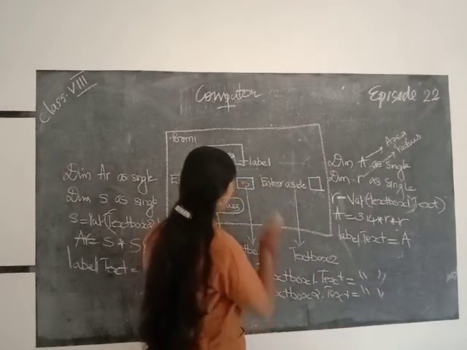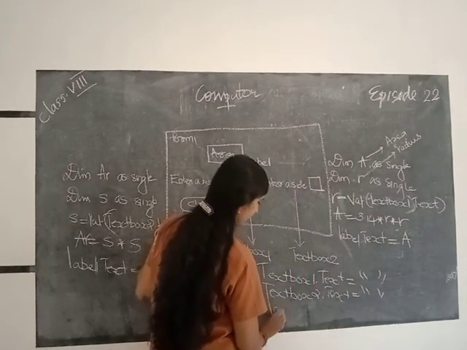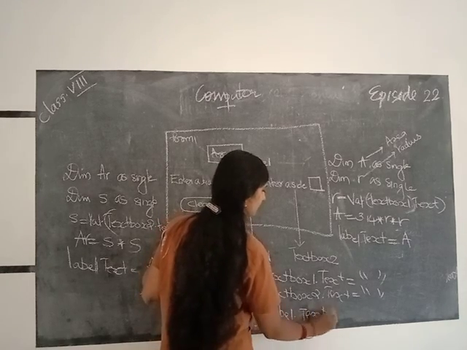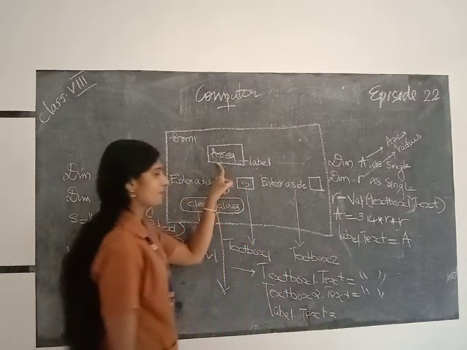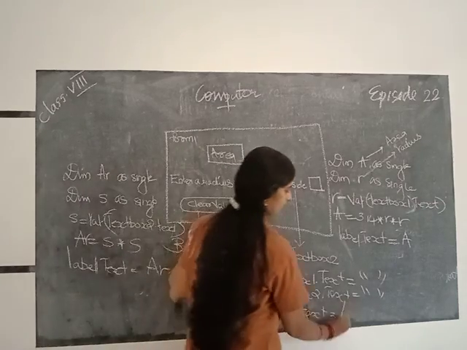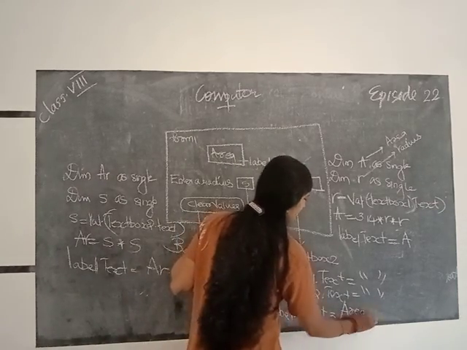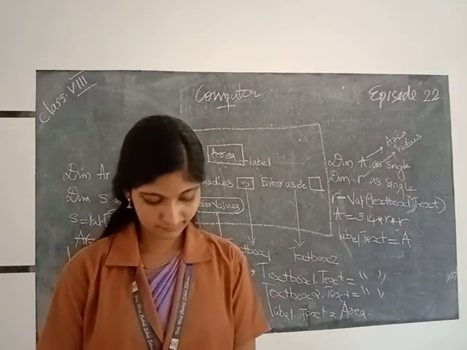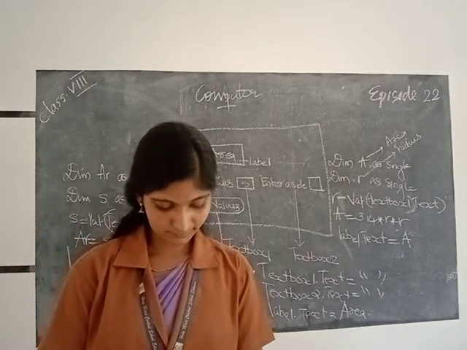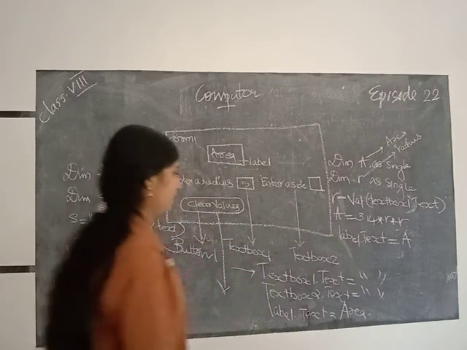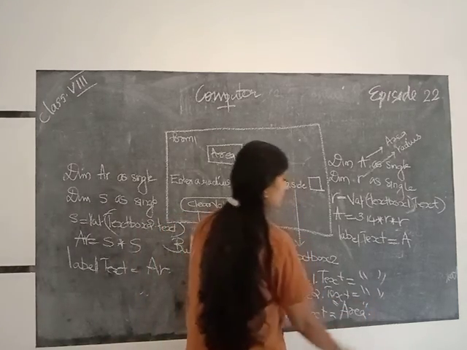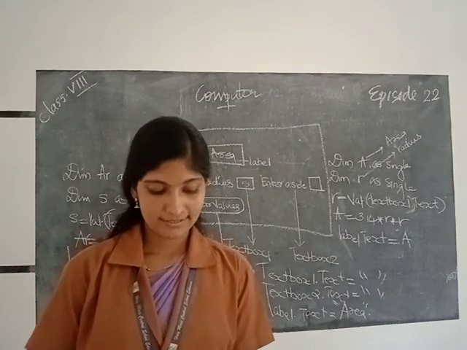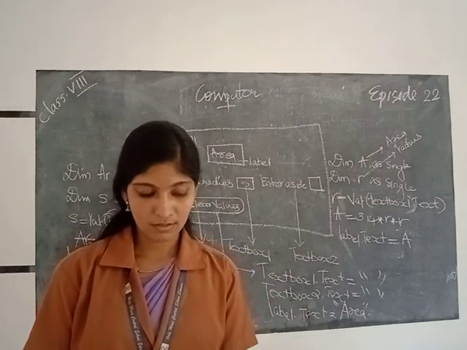Then Label1.Text equal to, which is replaced by area. So here it is a string, so we should write double quotes. So these are the things in this code.